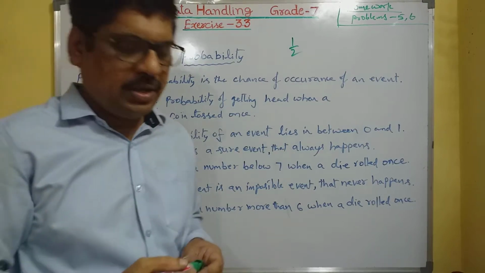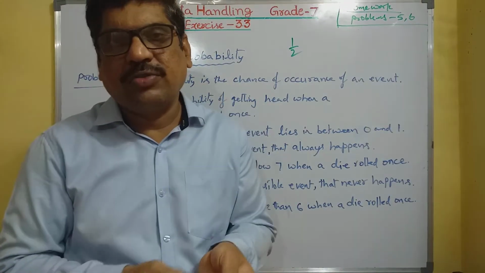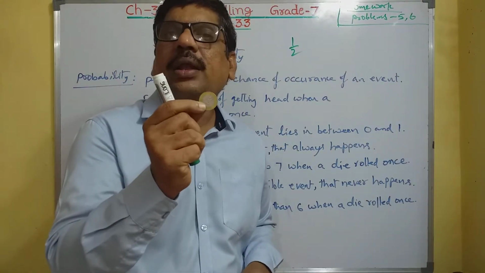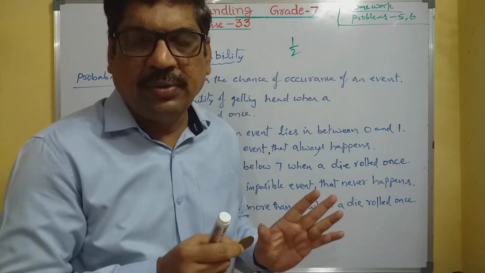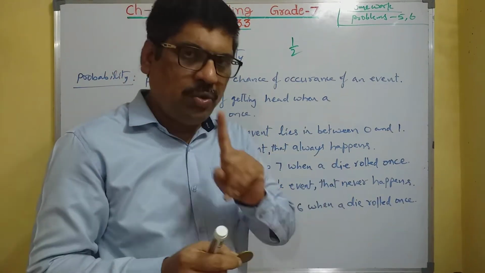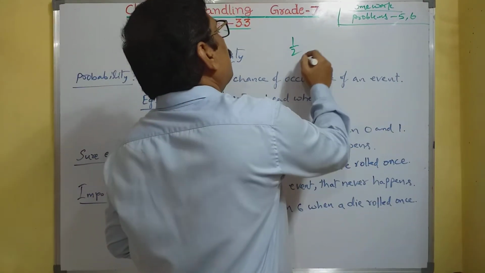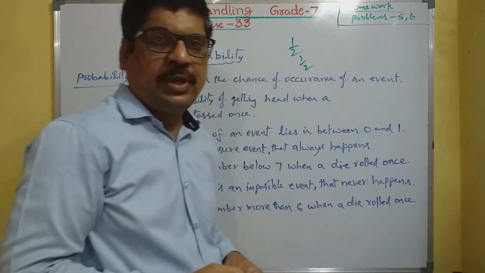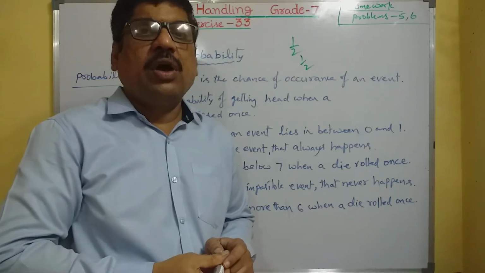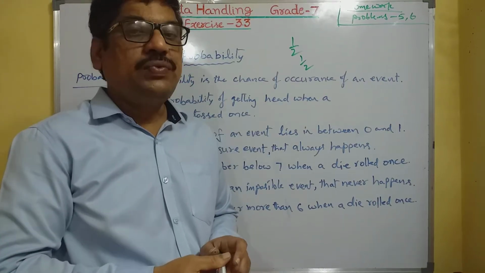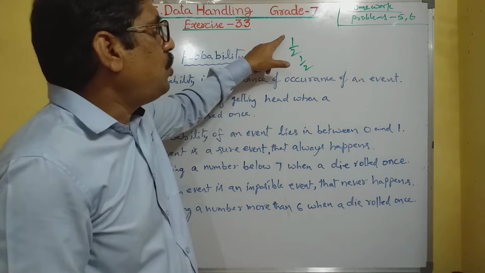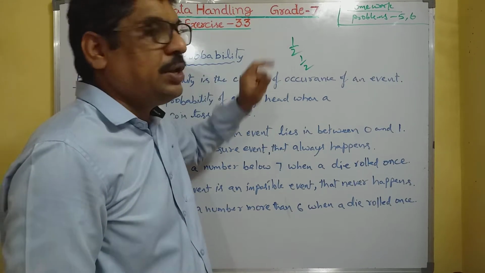In the same way, we have two outcomes when you toss a coin. They are head and tail. If you have chosen tail, you have chosen only one out of two. So the probability of getting a tail is also 1 by 2. So like that, the probability is always a fraction. In the fraction, the numerator is always smaller than the denominator.